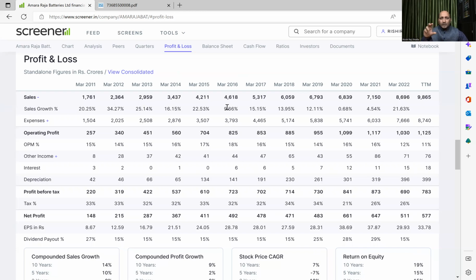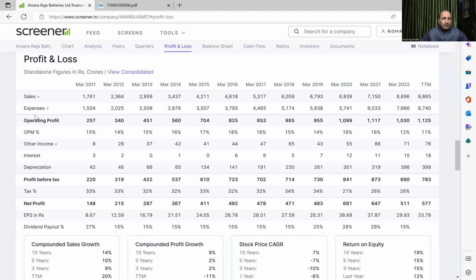So consistently more than 12%, we can see there is revenue generation. Only in March 2020 this is 0.68 and March 2021, maybe due to COVID, there was a dip. Otherwise, it is more than 15%. So overall, if you see the trend, it is good.